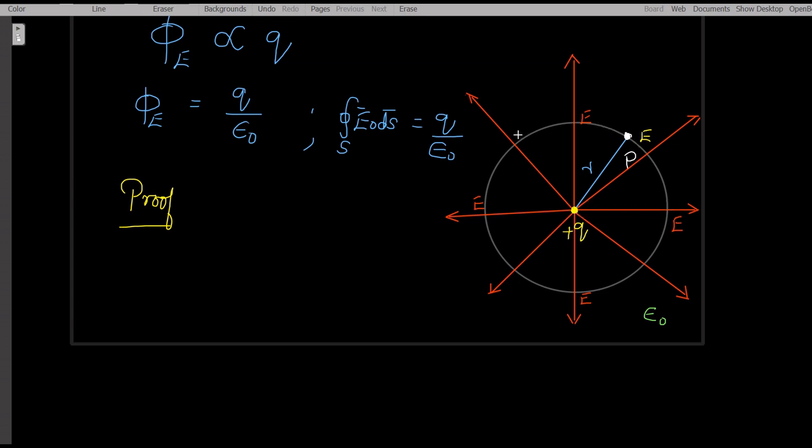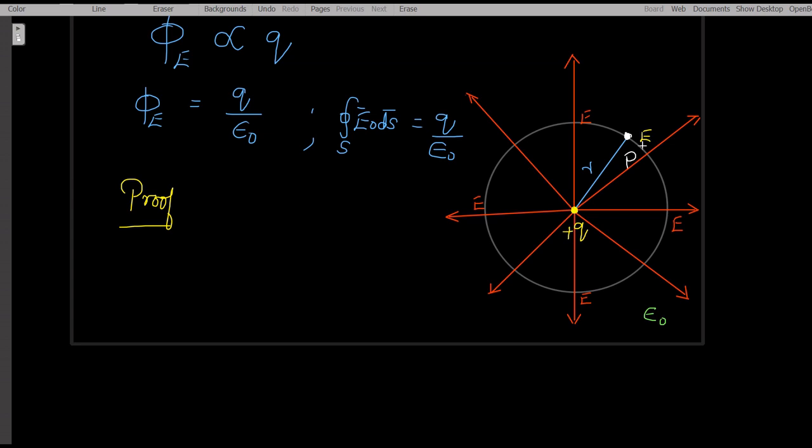Everywhere, the electric field is the same at the points which are at a distance r from the charge plus Q. Now at P, if the system is placed in vacuum medium, how much is the electric field E?